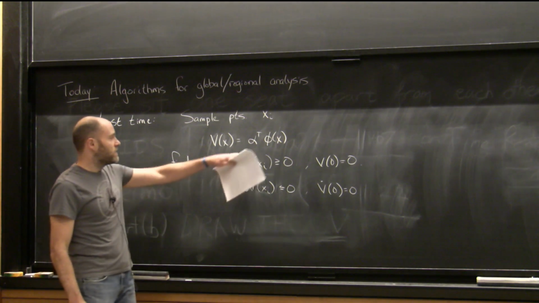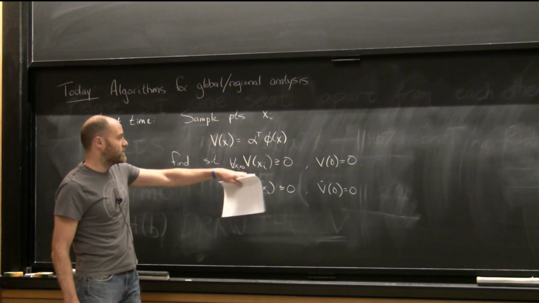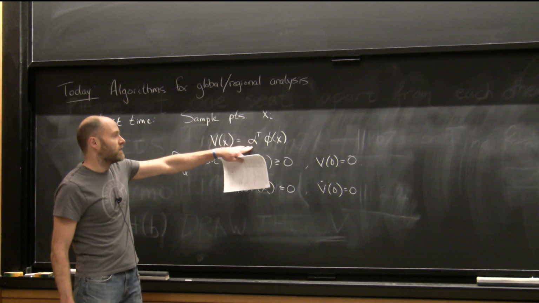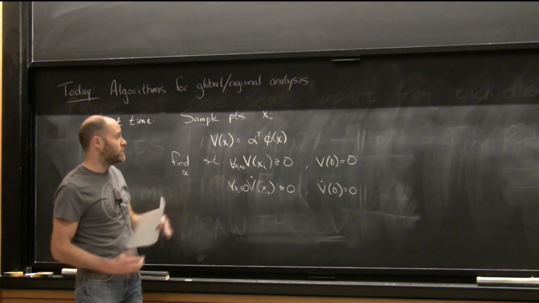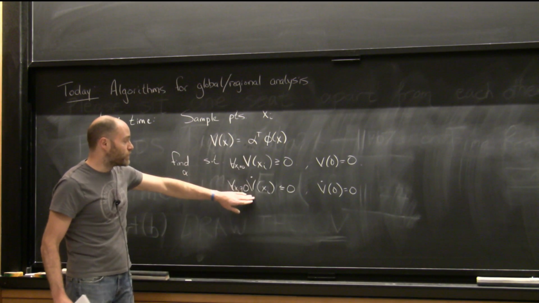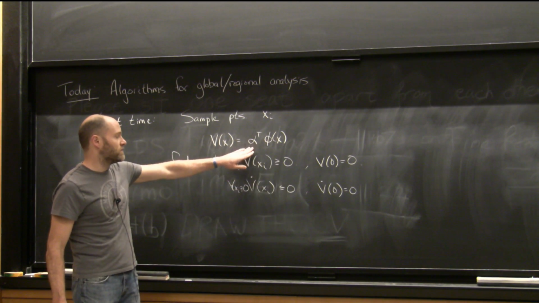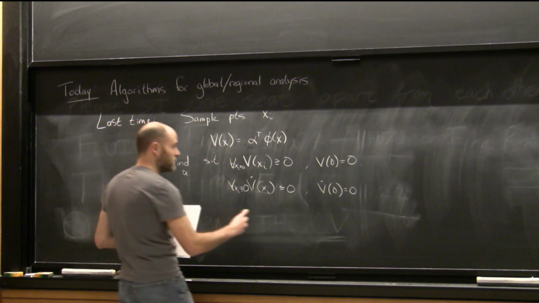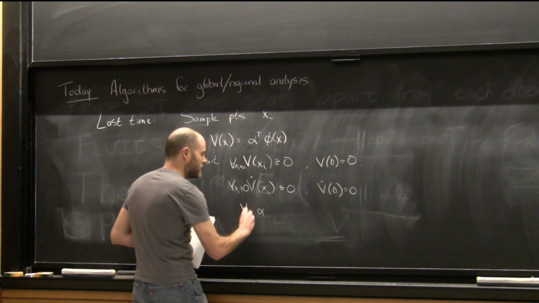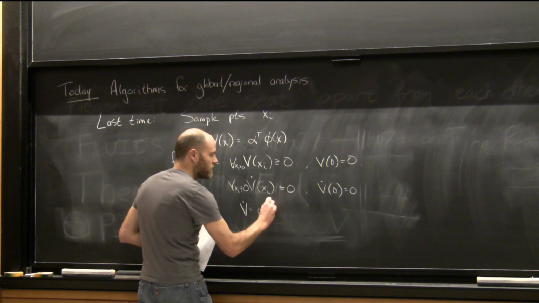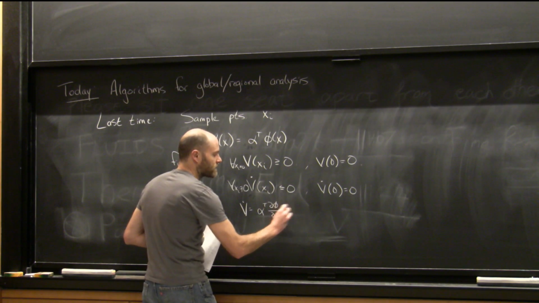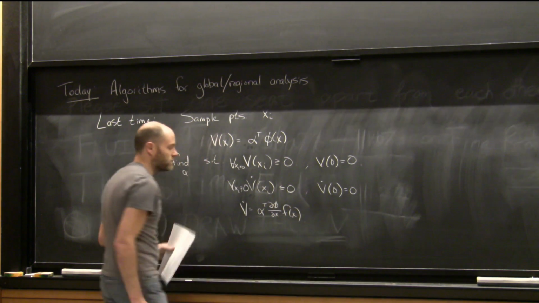And because this condition is linear in the decision variables alpha, and the derivative, it turns out, is still, even though this one works out to be alpha V dot looks like alpha transpose d phi dx f of x, right?